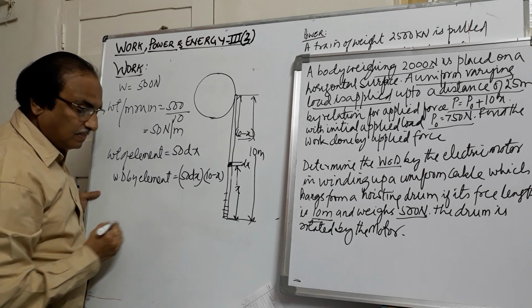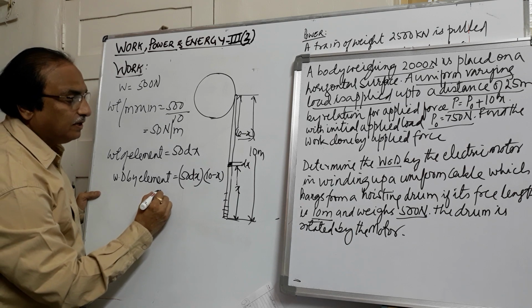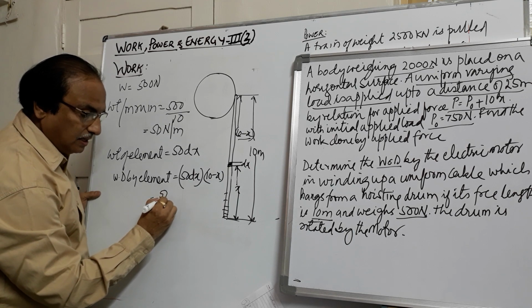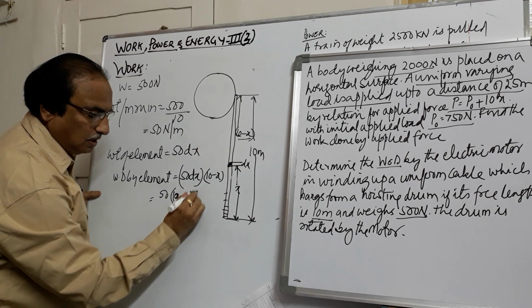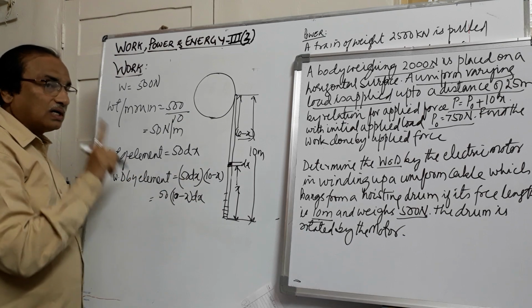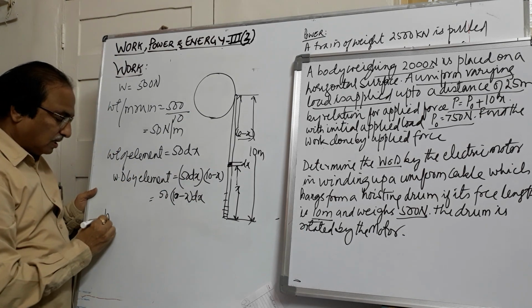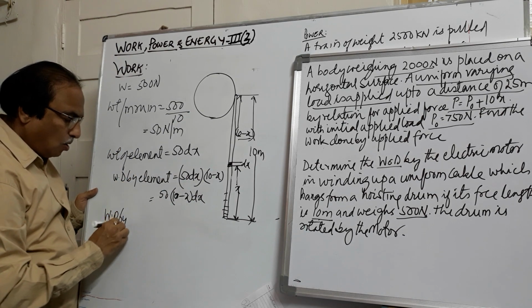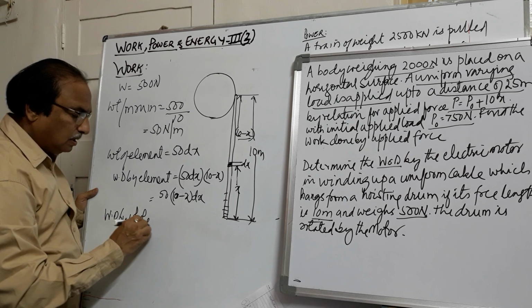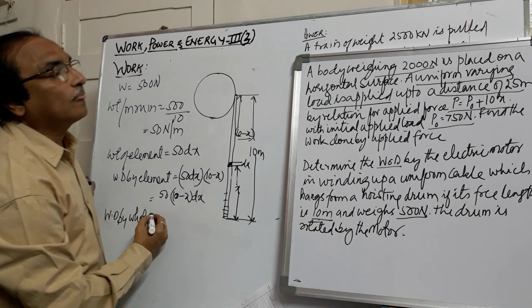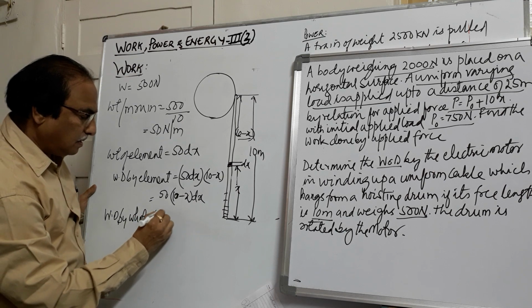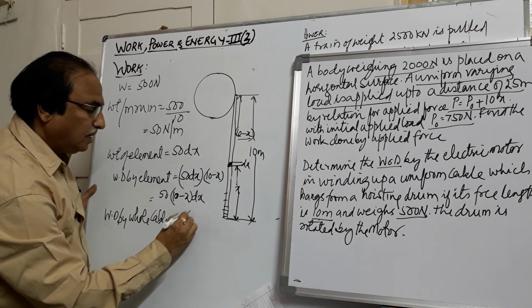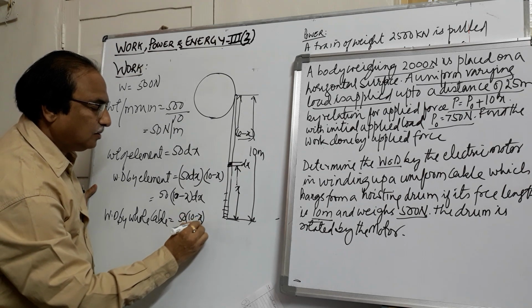So this is the work done by one element, 50 into (10 minus x) into dx. Like this, the work done by the whole cable will be the integral of 50 into (10 minus x) into dx.